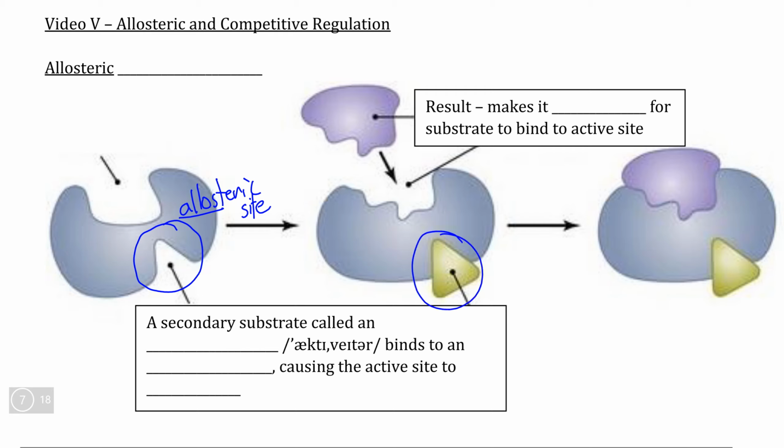Now, what this means is that a different substrate with a different size and different chemical properties is actually able to enter the allosteric site, even though the substrate that enters the main active site is a completely different size with completely different chemical properties. And these allosteric substrates broadly are what we call allosteric effectors, but we're going to give them more specific names based on the effects that they have on the enzyme.